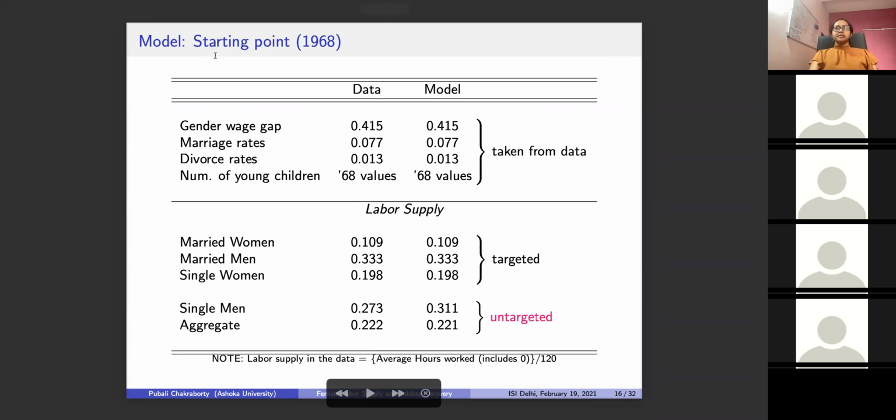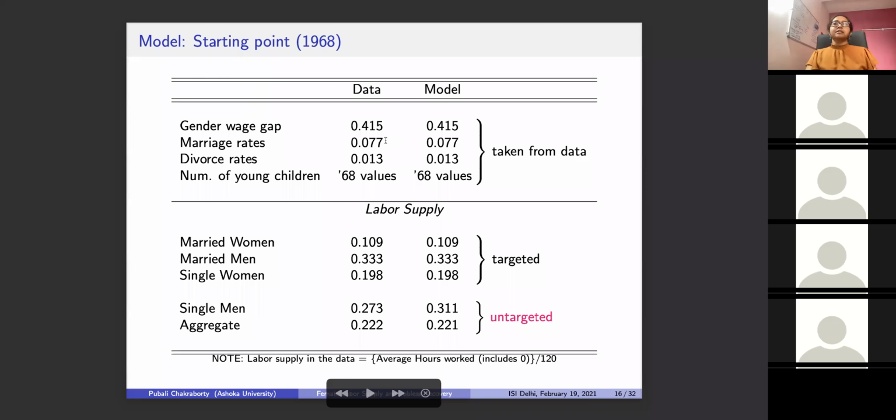In terms of how my model does in 1968, the top panel shows the values of these four different demographic factors that I'm feeding in from the data. Again, the number of young children is essentially a matrix because this number varies across age and marital status.